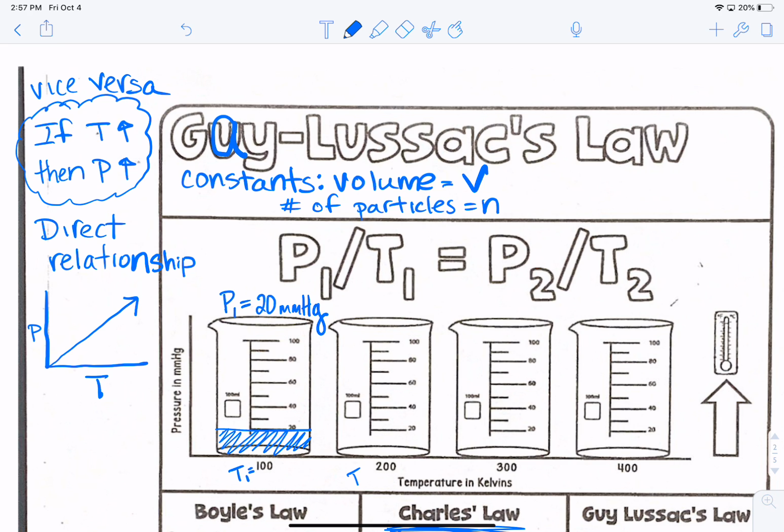If I doubled my temperature, what am I going to do to my pressure? Double it. Good. So it'll be 40. If I tripled it, you guessed it, it would triple the pressure. So that would be 60. And then finally, if I quadruple it, I would quadruple my pressure.